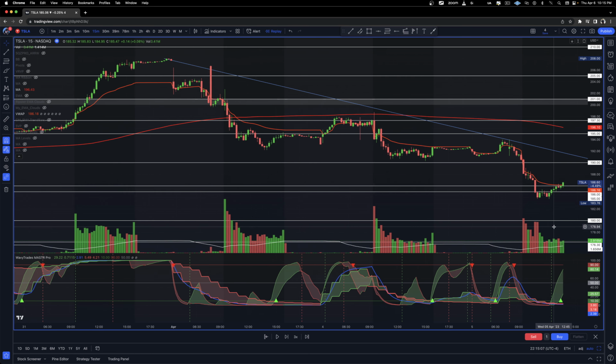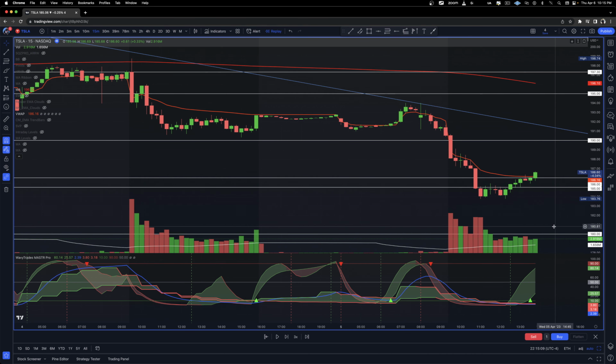Now, I was looking at this 15-minute time frame, and I saw your primary signal was stair stepping down into the maximum bearish strength.